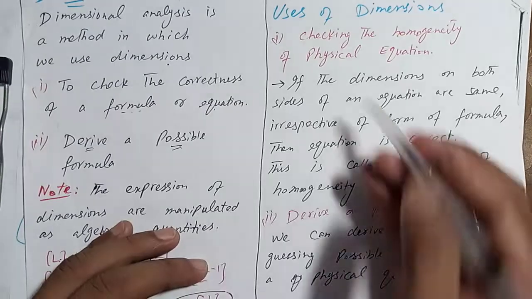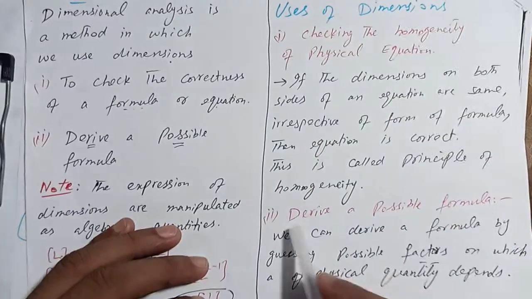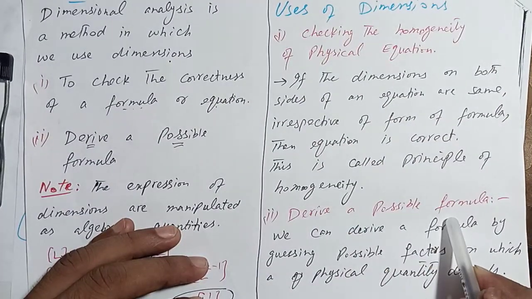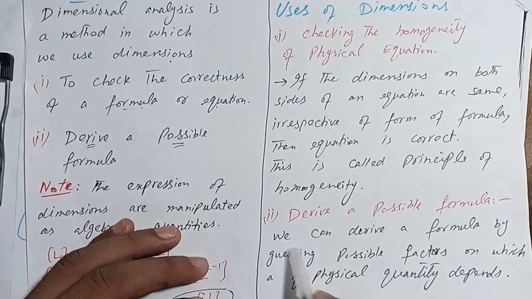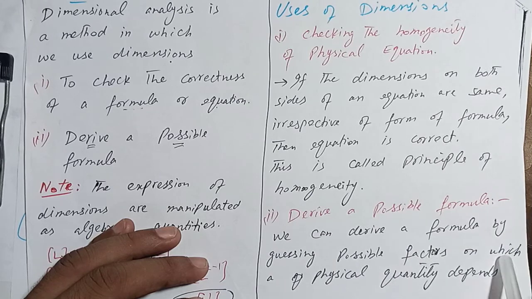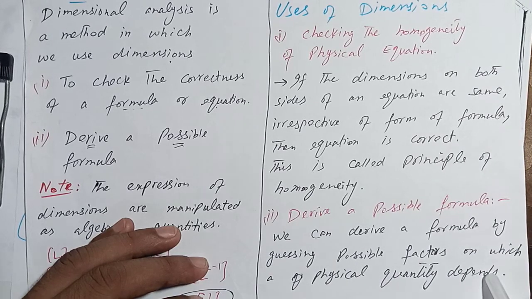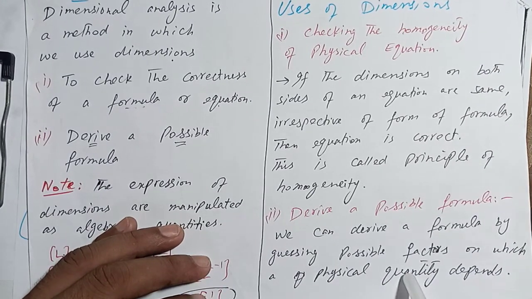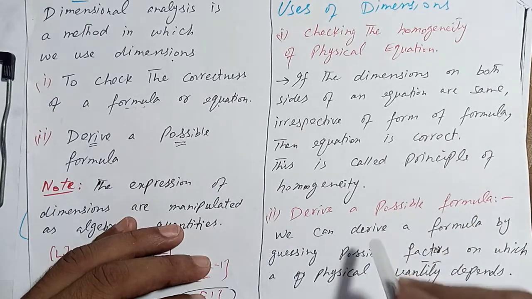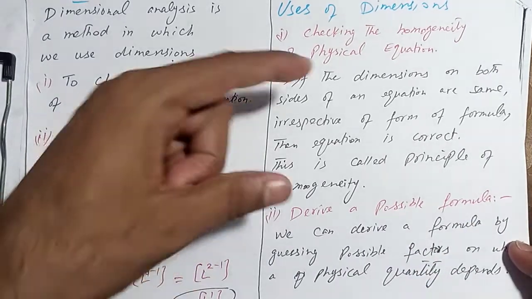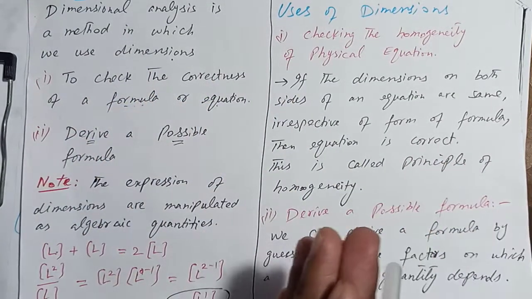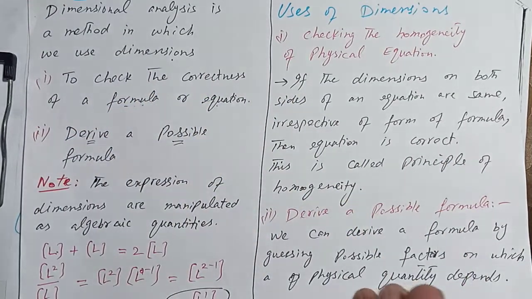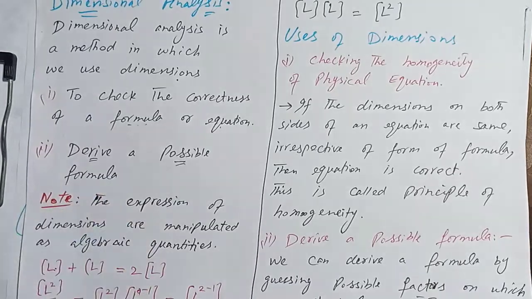And with the help of dimensions, we can derive a possible formula. If we guess the possible factors on which a physical quantity depends, then we can derive the possible formula for that physical quantity. Both of these uses will be discussed with examples in detail at the end of this lecture.